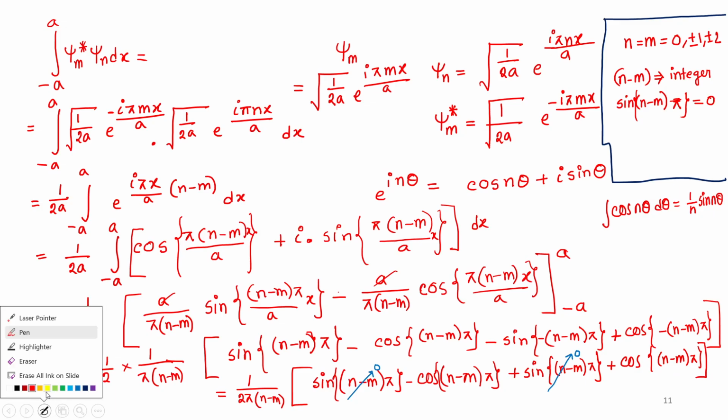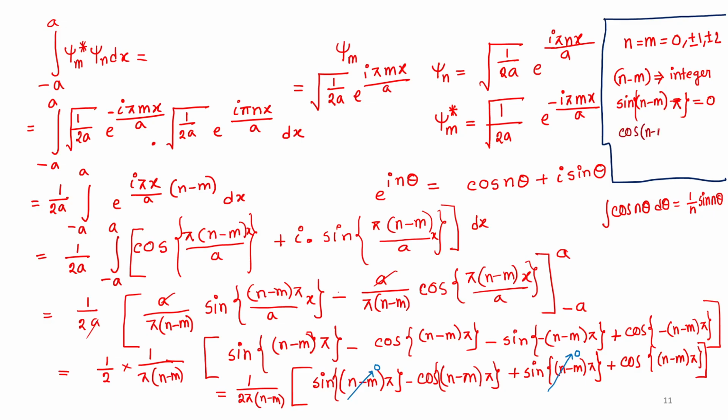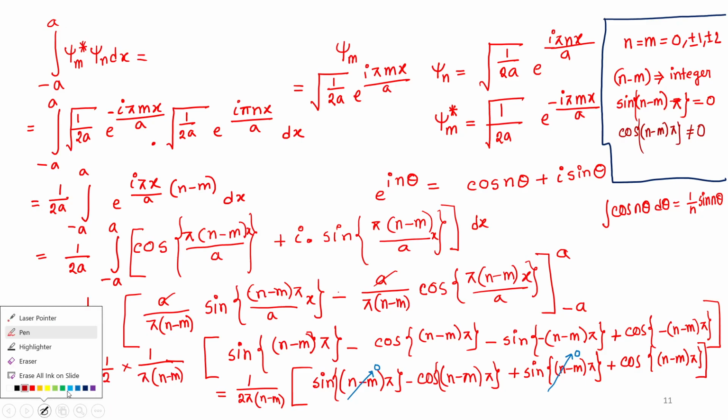If that is an integer, then cos (n minus m) pi is not zero, but there is a negative sign before this and a positive sign before this, and both the terms are the same.